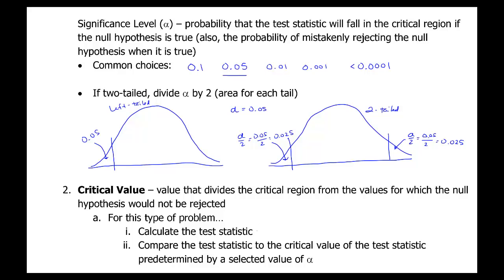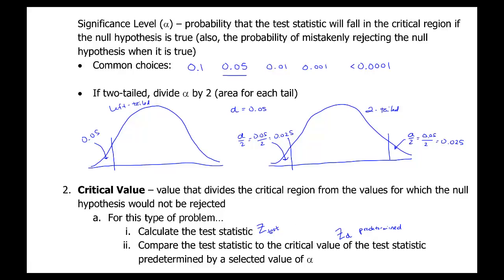So you'll be looking at a z that you've calculated, the test statistic, and some predetermined z that's called a critical value, so we're going to call it z alpha. And this one's predetermined. Just like we would predetermine what alpha is before we start, we'd have to predetermine what the critical value of a test statistic is before we start.